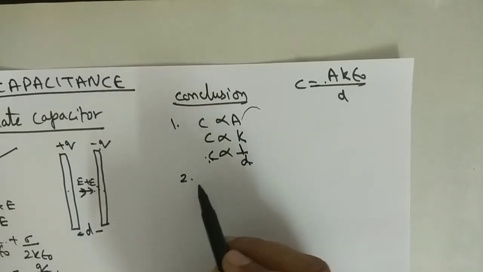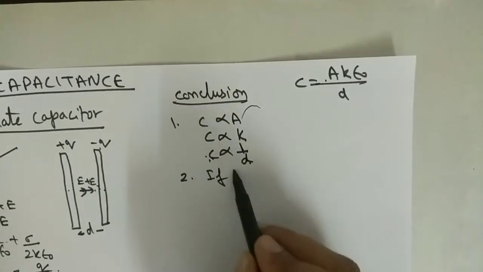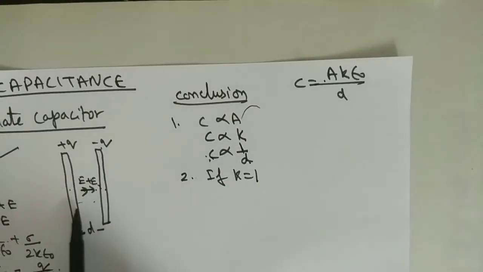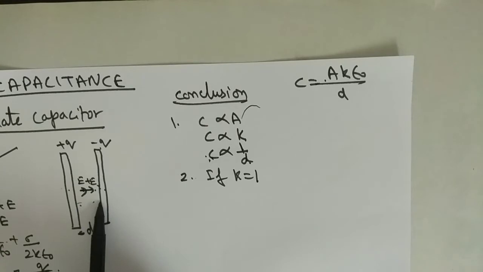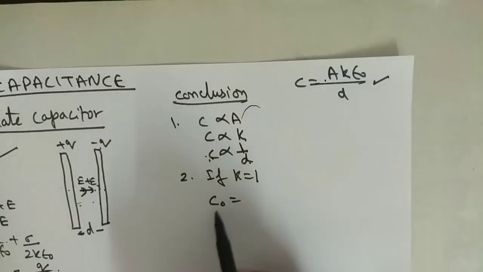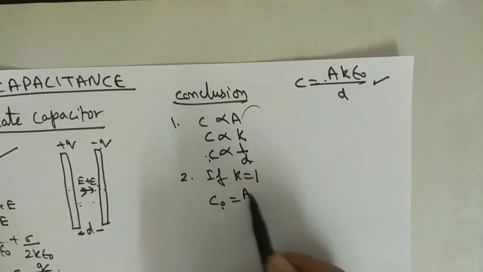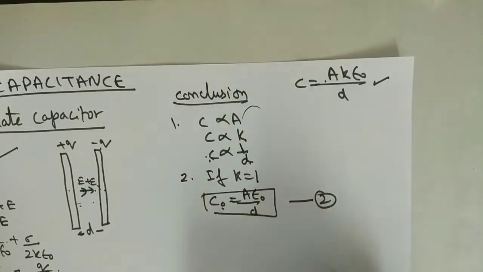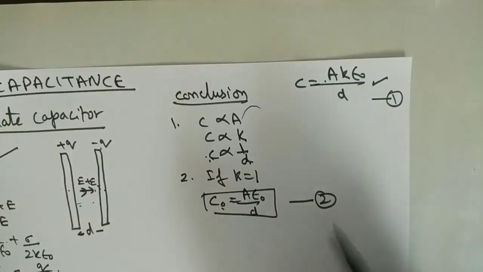Second conclusion: if you take k equal to 1, that is, put air or vacuum instead of any dielectric material, then this formula reduces to C naught, the air capacitance, equal to A epsilon naught upon d. This is the second equation.